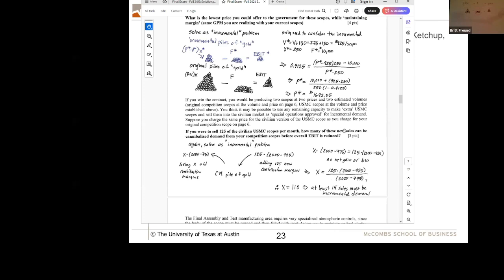How many of those can be cannibalized from your previous demand? Well, now we're just playing the game. I sell 125. Of that 125, some of them will be Marine Corps scopes, and they will get to throw the Marine Corps contribution margin on the pile. Some of those will be my original scopes, and they will get to put my original contribution margin on the pile. How do I calculate the ratio to figure out when my pile stayed the same? That's all this calculation is right here.